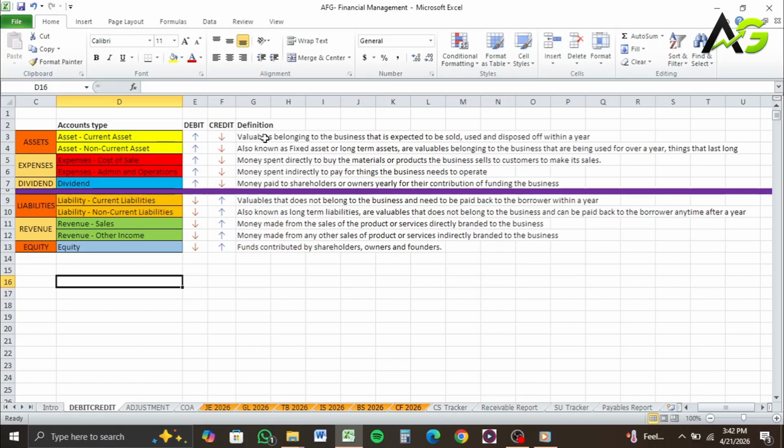One of the most important things as an entry-level junior accountant is that you have to know some basic accounting, which is journal entry, and some other things like trial balance and GL accounts. Very important. But let's just start with this flow.